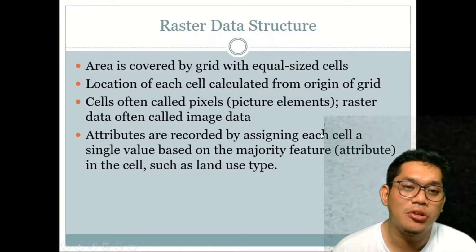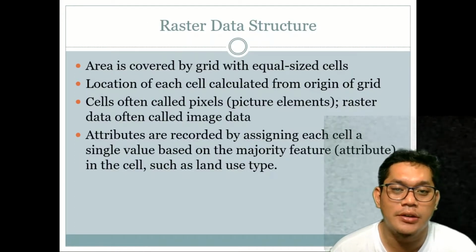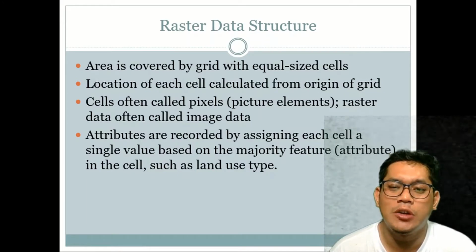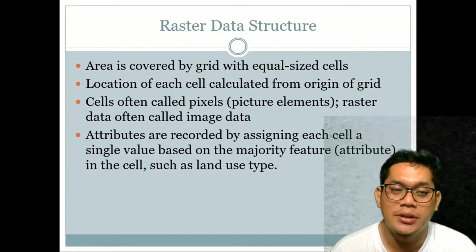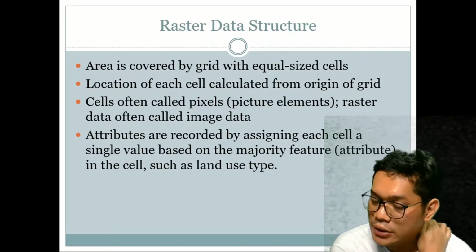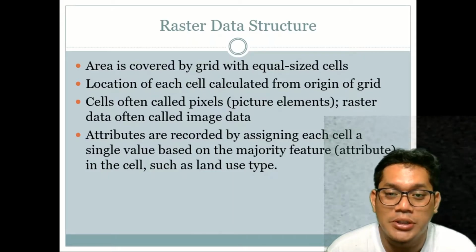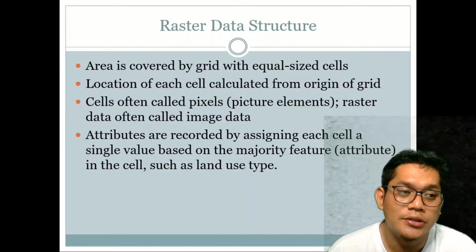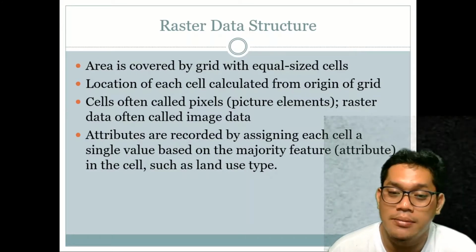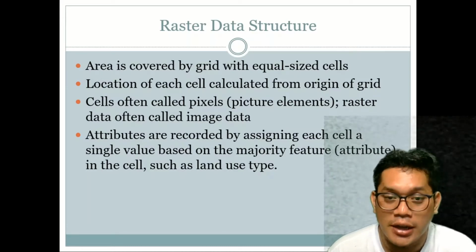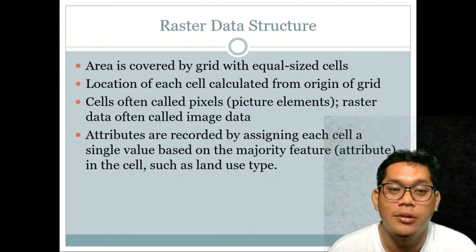So basically when we talk about the area in the raster, the area is covered by a grid with equal size cells. So the pixels that form the raster data have a specific measurement or dimensions based on the type of the data source, such as images, aerial photography, scanned images, or scanned maps.